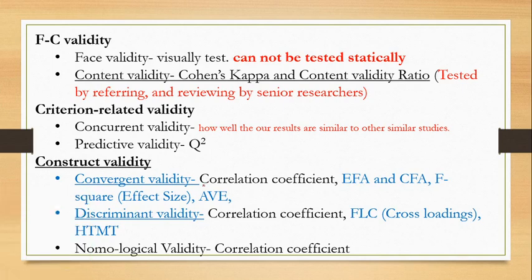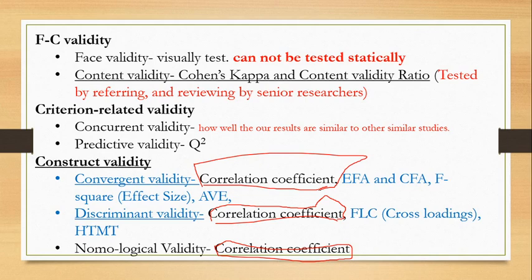Now this convergent validity, you will see I have mentioned the correlation coefficient at 3 places, which means you can test discriminant validity, convergent validity and nomological validity, all the 3 types of validity, using the correlation coefficient. In the link description I have mentioned how you can test the correlation coefficient and the interpretation related to the convergent, discriminant and nomological validity.